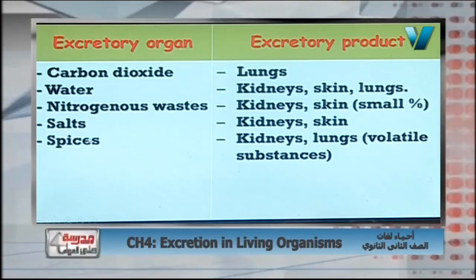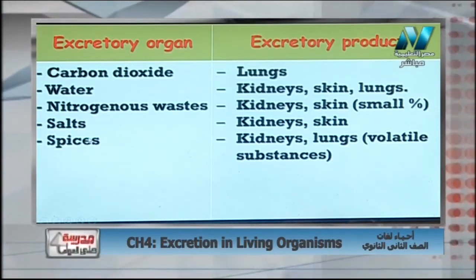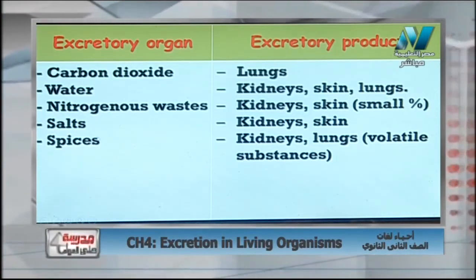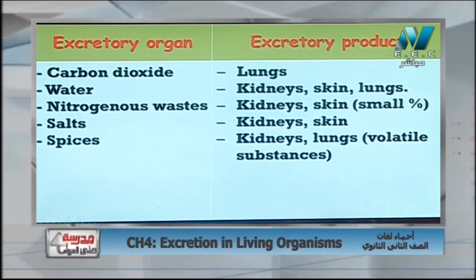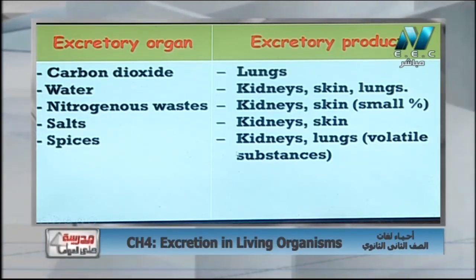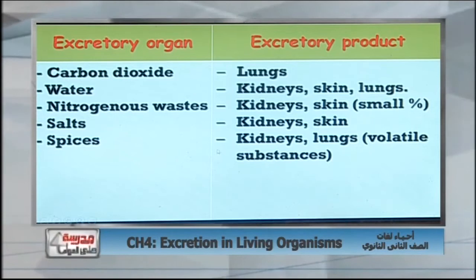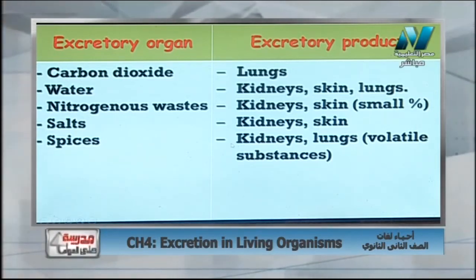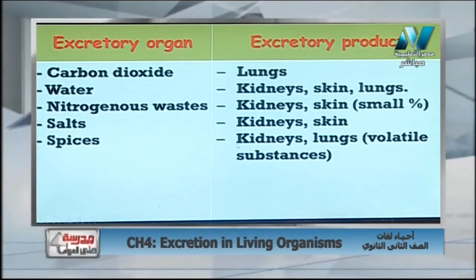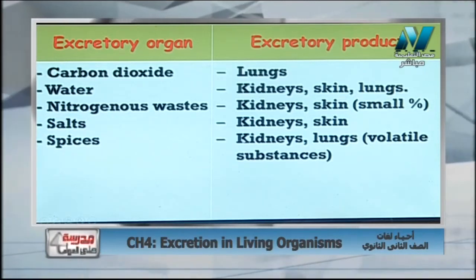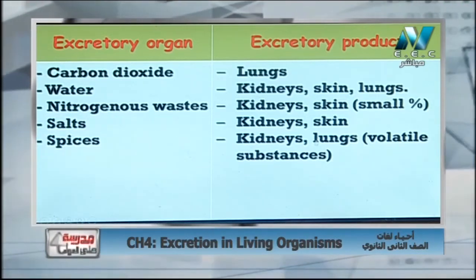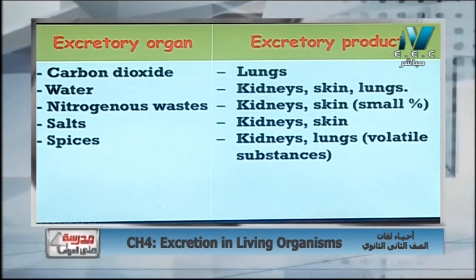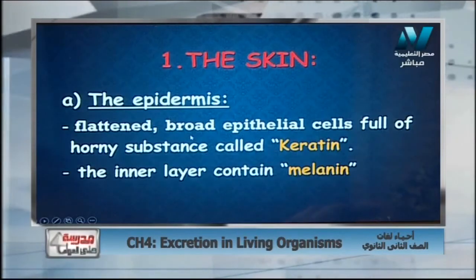Spices, which could be present in the food or in the drinks that we have, must be expelled out of the body by the kidney and the lungs as volatile substances.